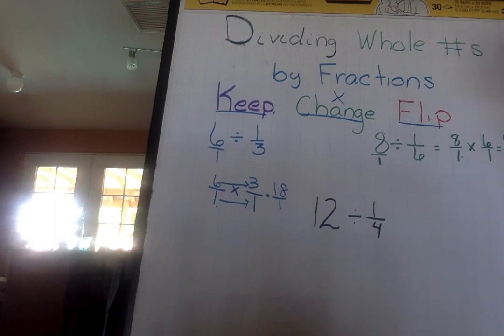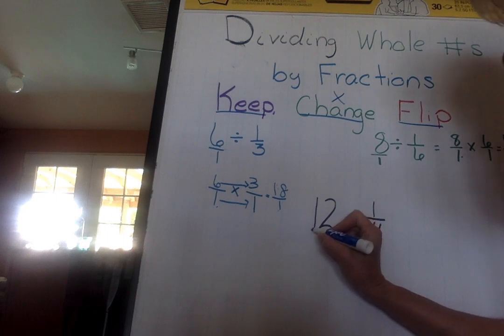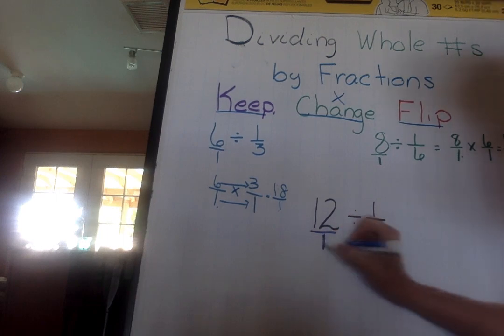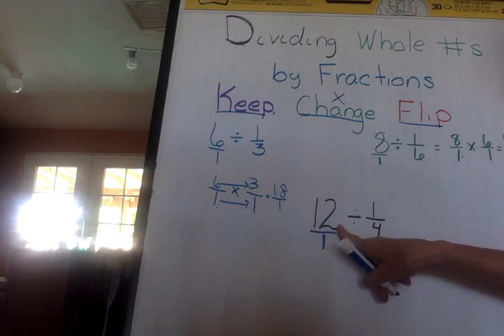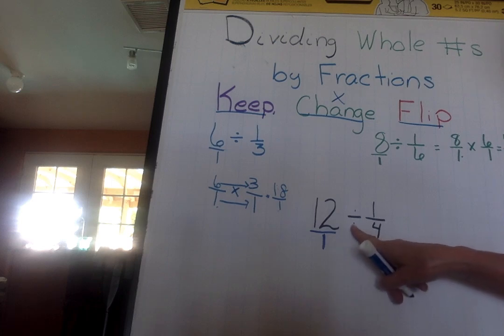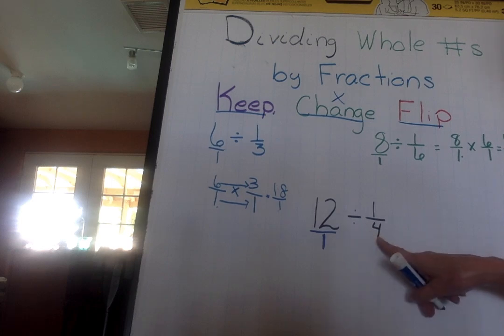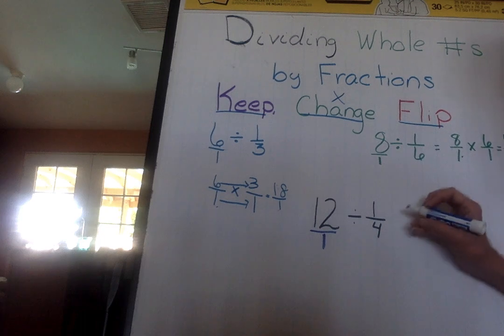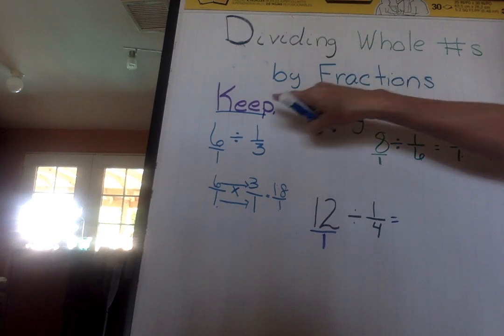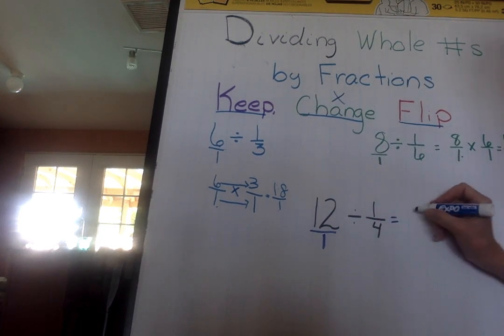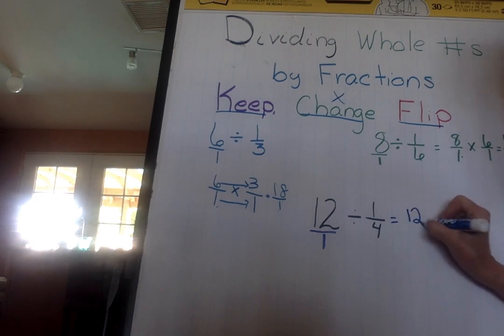For our last one that we're going to do together, we're going to do 12 divided by 1/4. So I have 12 whole objects. I'm going to turn it into a fraction, and I'm going to divide each of them into 4 equal pieces, into 1/4. I'm going to use my strategy, keep my first fraction, which is 12 over 1.